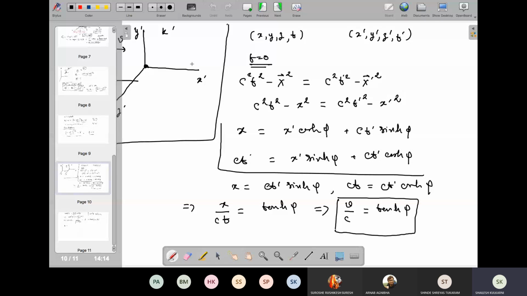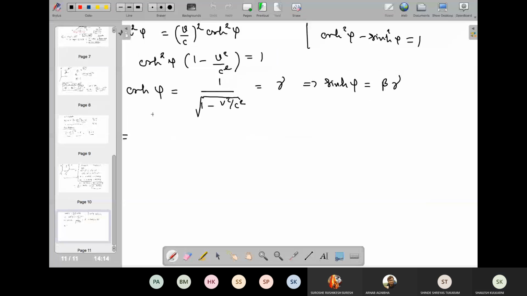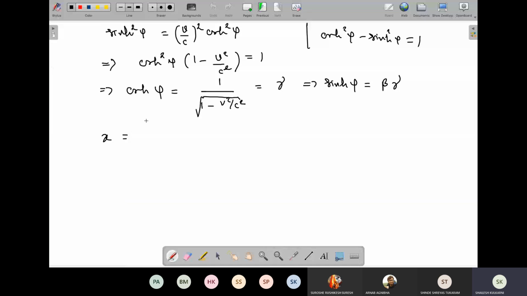This means your x equals gamma x prime plus beta gamma t prime, and your ct equals beta gamma x prime plus gamma ct prime.